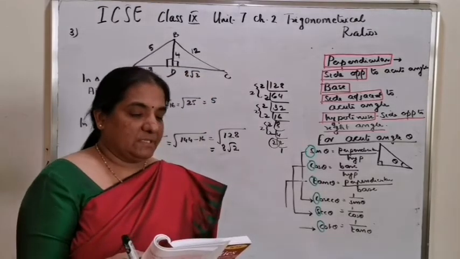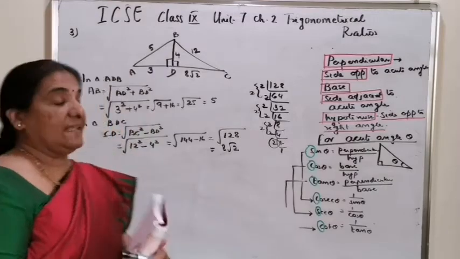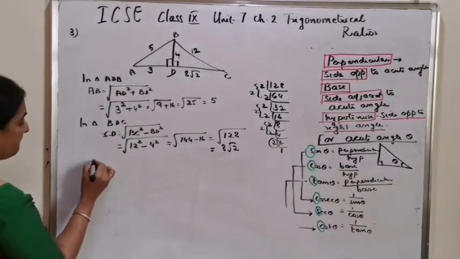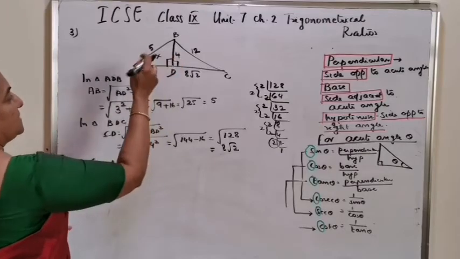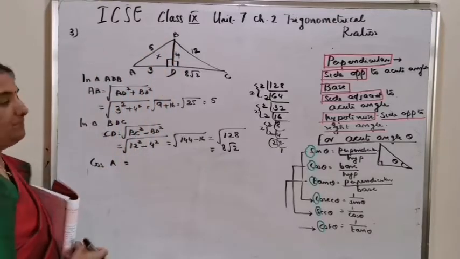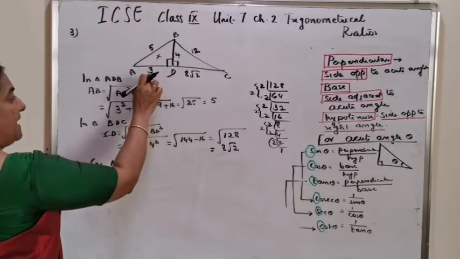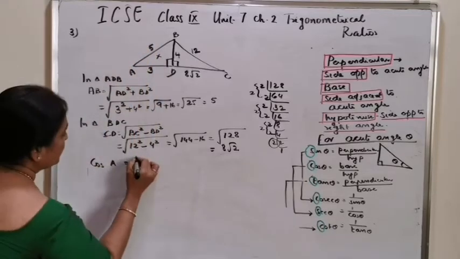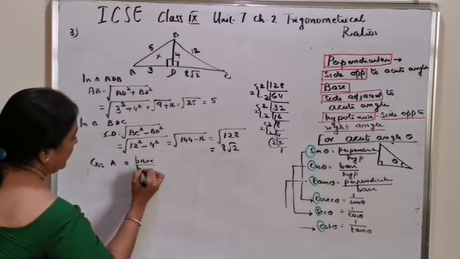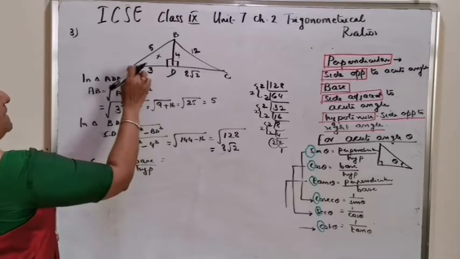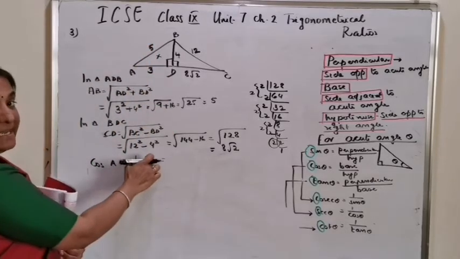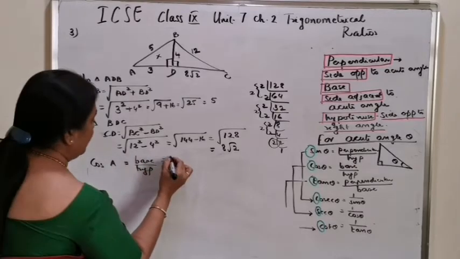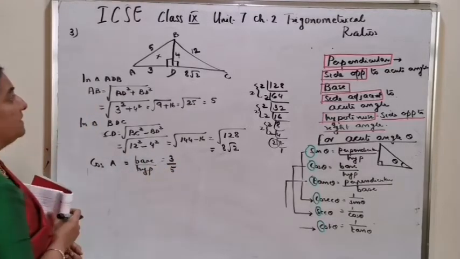The first subdivision is to find cos A. Cos angle A. So the right triangle considered has to be triangle ADB. Cos is base by hypotenuse. Base is 3 by 5. Base means the side adjacent to it by hypotenuse. So the answer is 3 by 5.